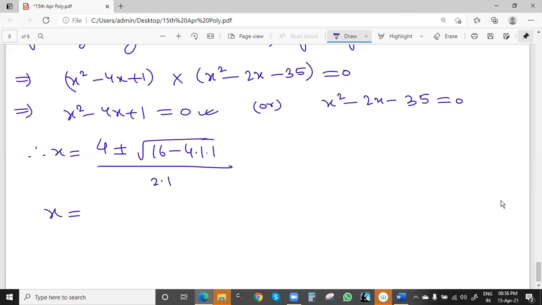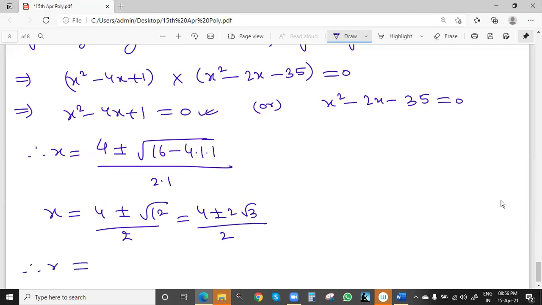So x will be 4 plus minus root of 16 minus 4, 12, root of 12, by 2, that is 4 plus minus 2 root 3 by 2, that is basically 2 plus minus root 3.